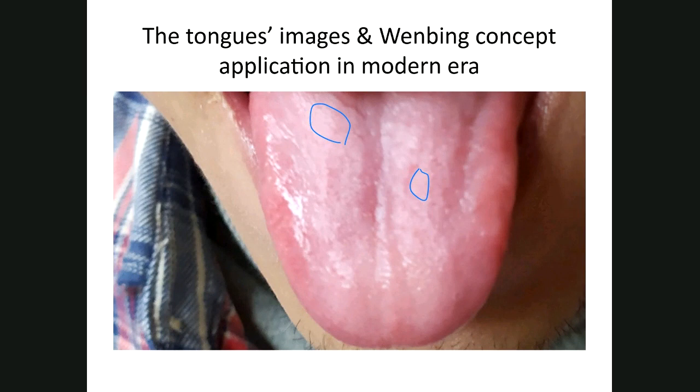I'll use red to indicate cracks. Tiny cracks. So there's a combination of greasy tongue coating with dehydration, and these multiple lines of cracks are further evidence that there is unresolved congestion heat causing this kind of body fluid injury.